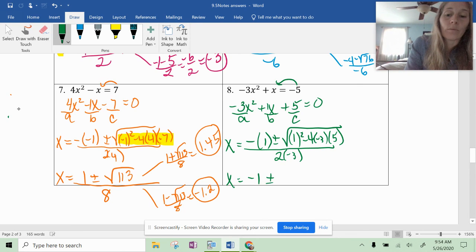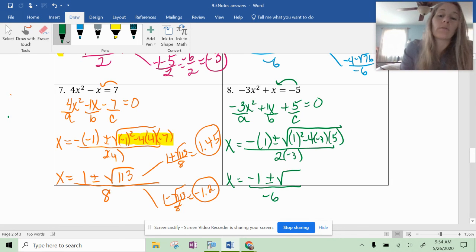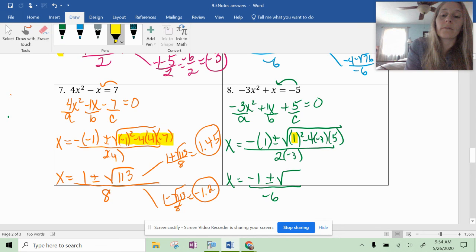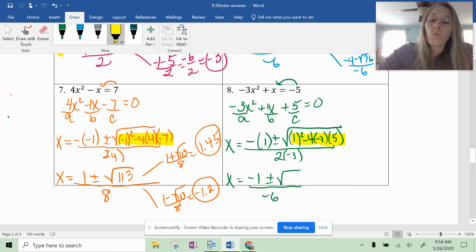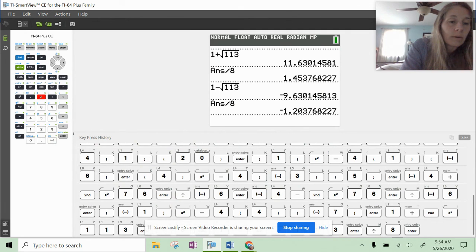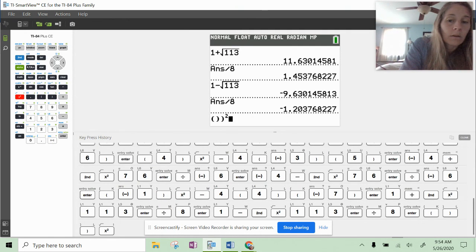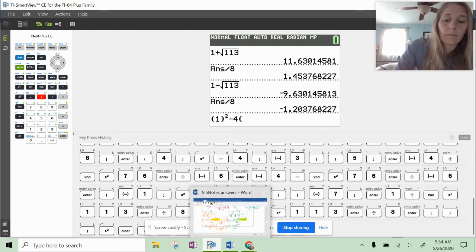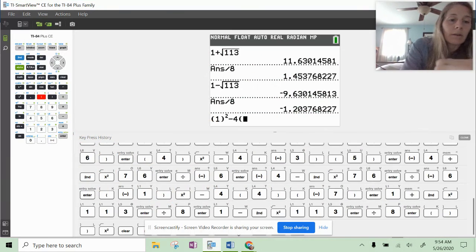So we have negative 1 plus or minus whatever's in that square root, and then we're going to get that negative on the bottom. So 1 squared minus 4 times negative 3 times 5. So we've got 1 squared minus 4 times, sorry, I forgot what it is, negative 3 and 5.